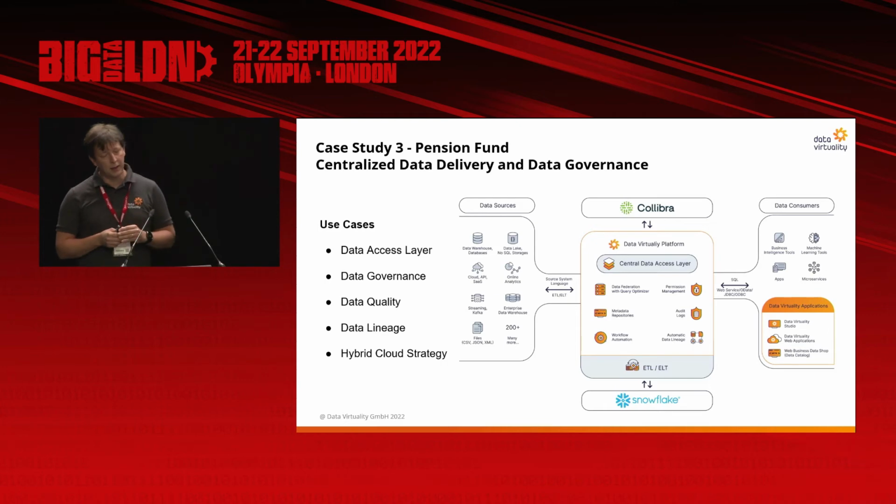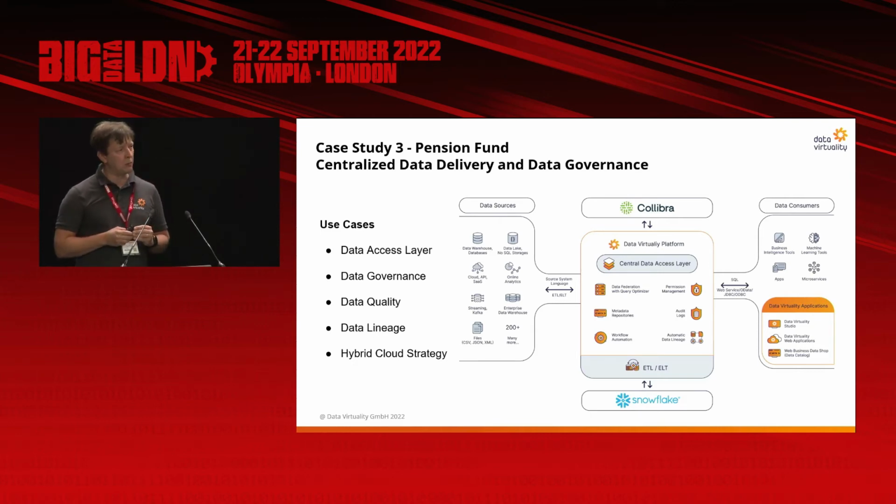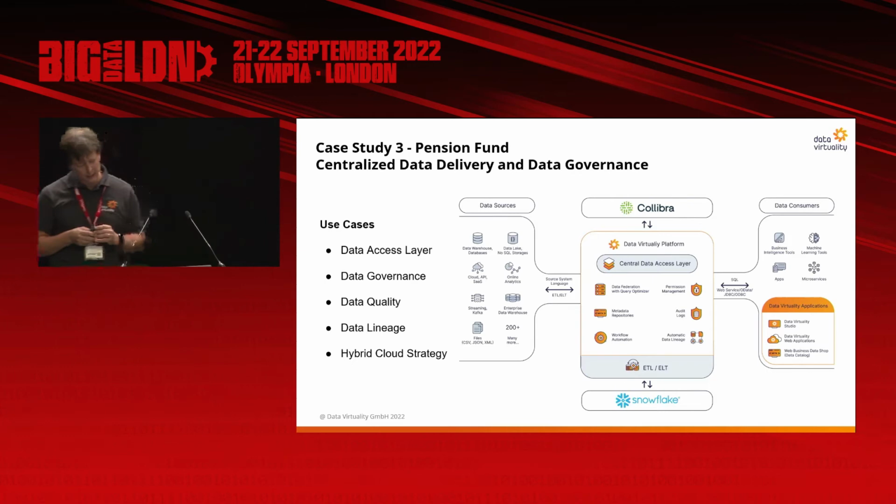This was one of their strategic incentives, and the other strategic incentive was that they wanted to have very good data governance, and they wanted to improve their data cataloging capability. And you will see some vendor names there.